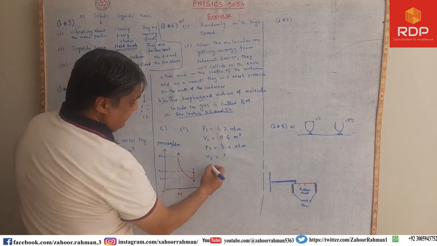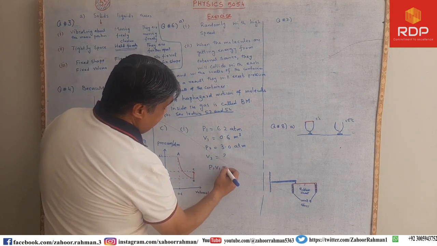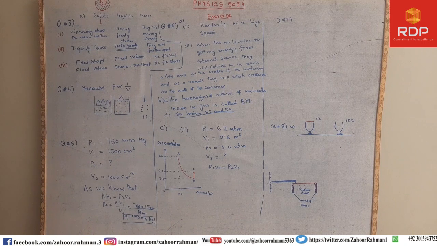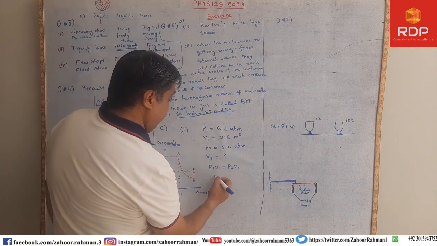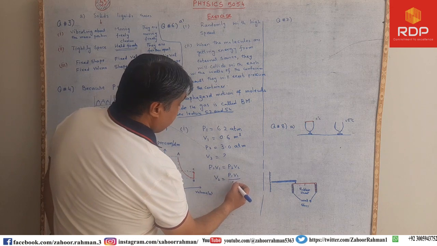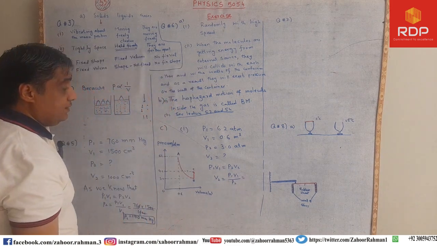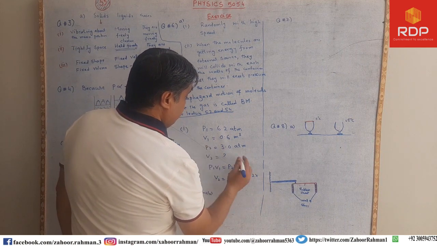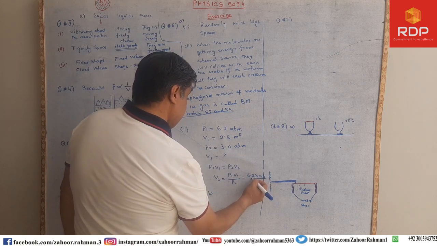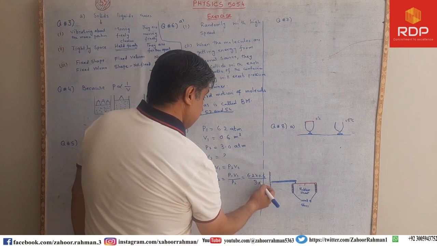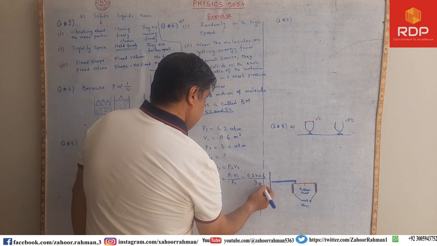Nothing difficult is there, as we know that P1 V1 is equal to P2 V2, and that is Boyle's law. Because we are finding V2, we have to make V2 the subject, so V2 equals P1 V1 divided by P2. So P1 is 6.2, V1 is 0.6, and P2 is 3.0.